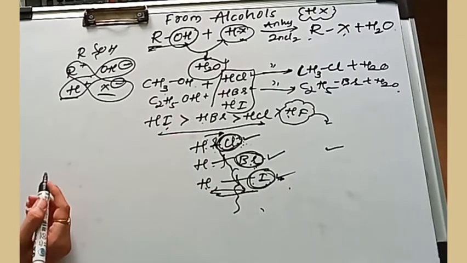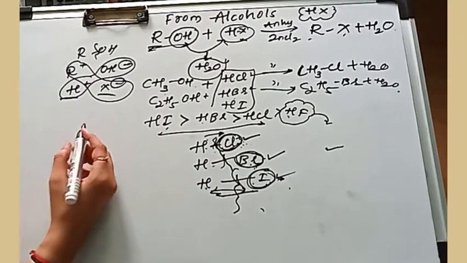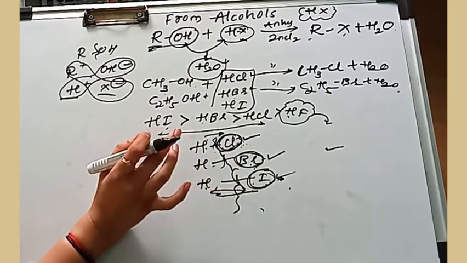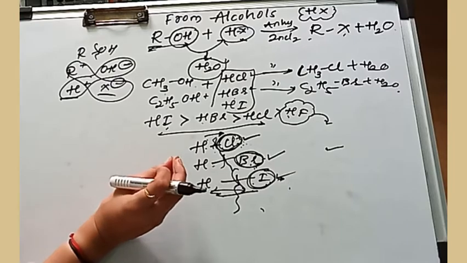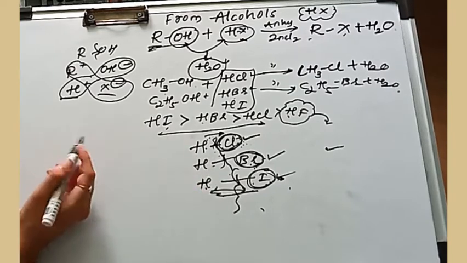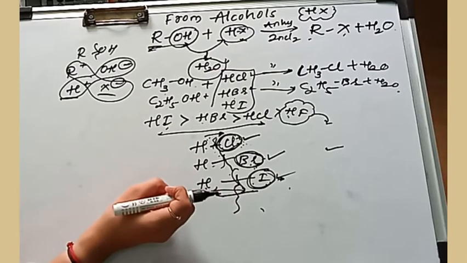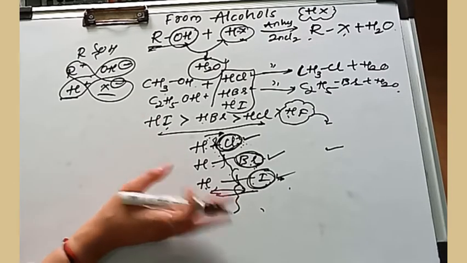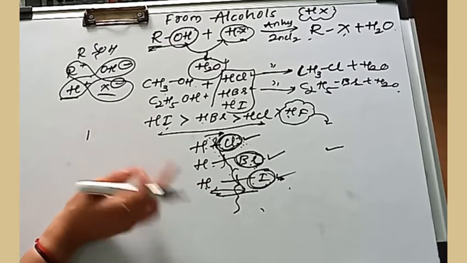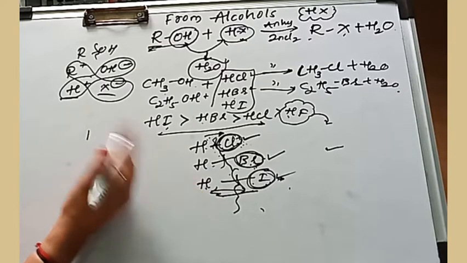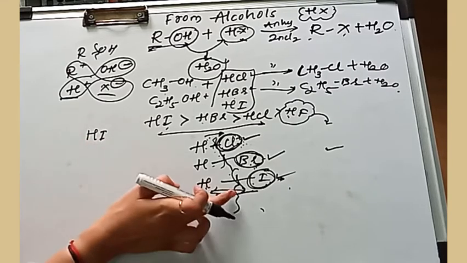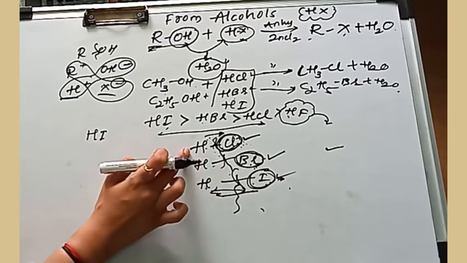One more thing, how you can remember this, is the bond dissociation enthalpy. What is bond dissociation enthalpy? It is the amount of energy that is required to break this bond. The one which requires less energy will break faster. Here, the bond dissociation enthalpy for HI is very less compared to HBr and then compared to HCl.